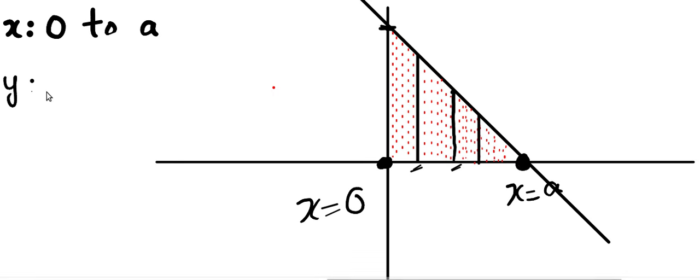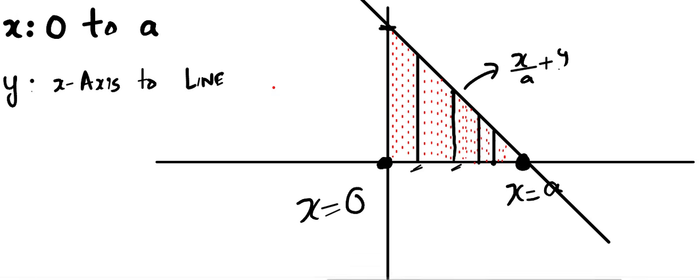Height means y values. Y varies from x-axis to the line. Isn't it? You look at any place corresponding to any x coordinate, the height will be from x-axis to line. Line means x by a plus y by b equal to 1. It's given in the question.